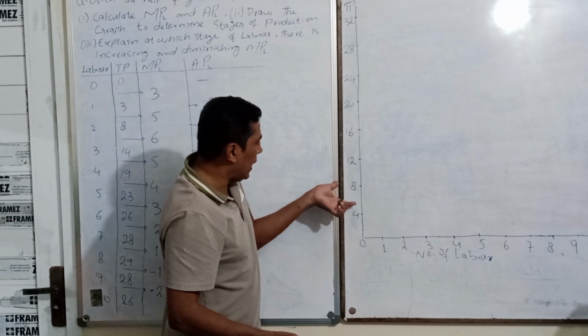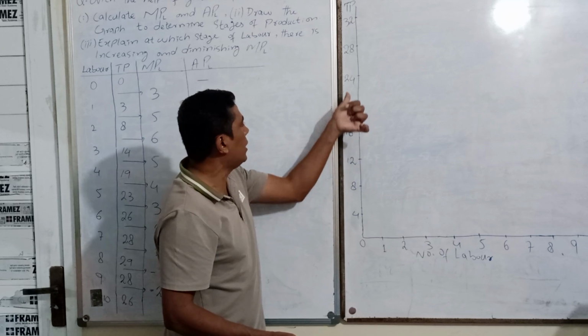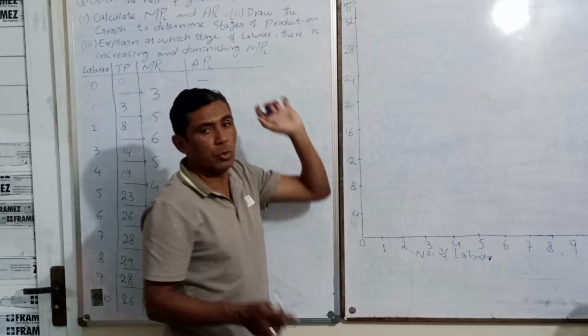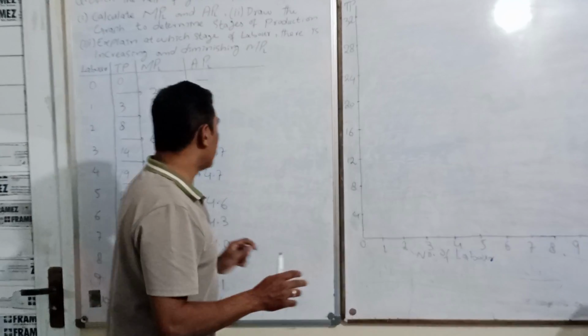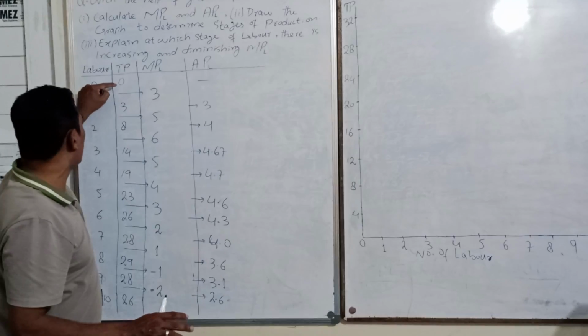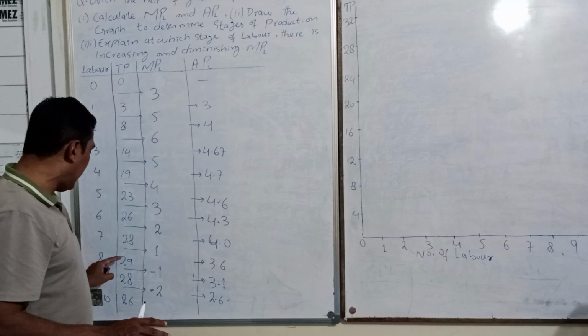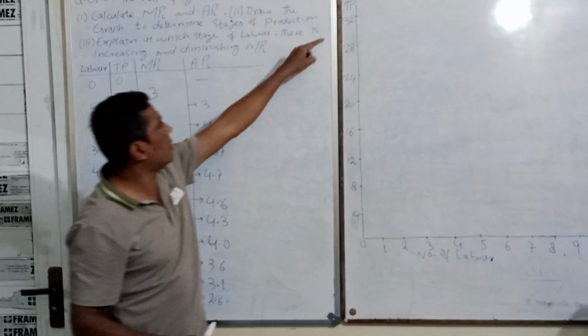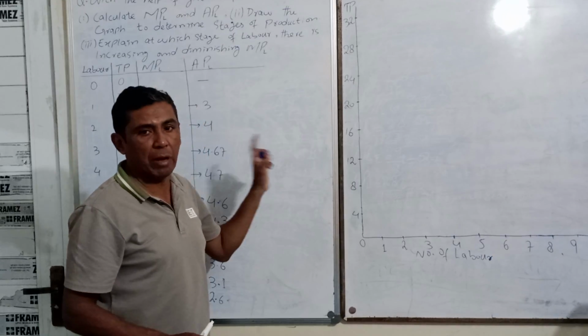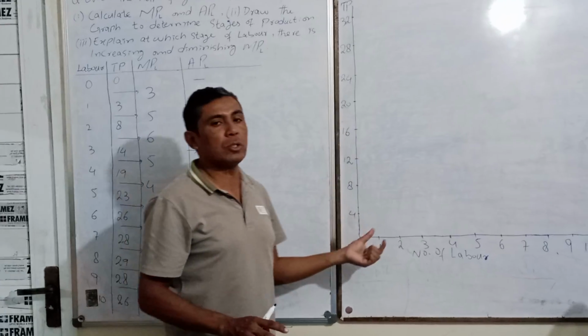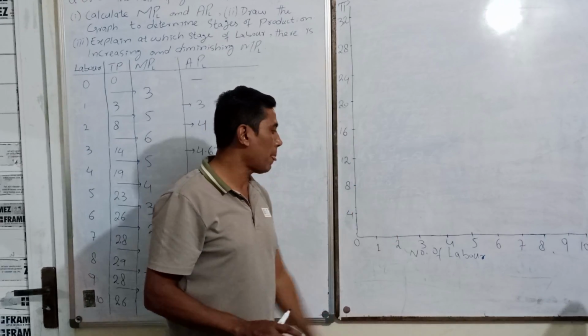Now 4, 8, 12, 16, 20, 24, 28, 32. Why did I do this? Because we have to cover all these values 0 to 29 in the given range of values. This is the way to scale for the graph.